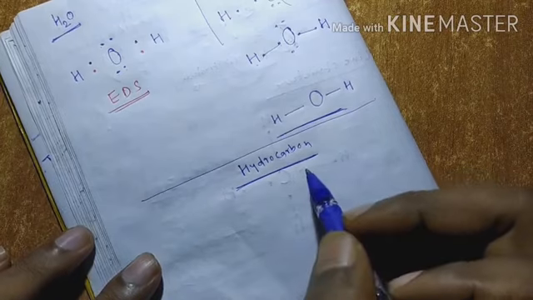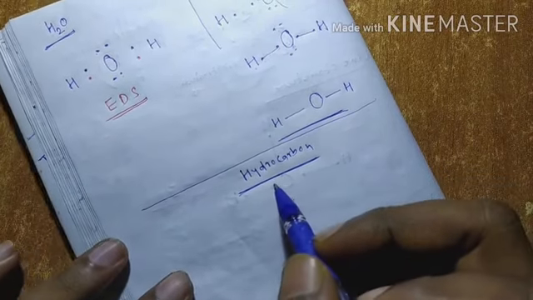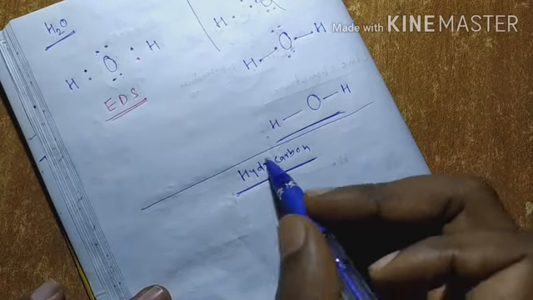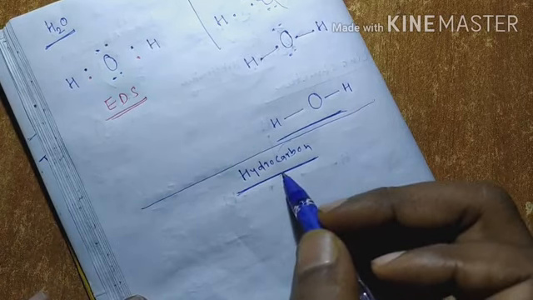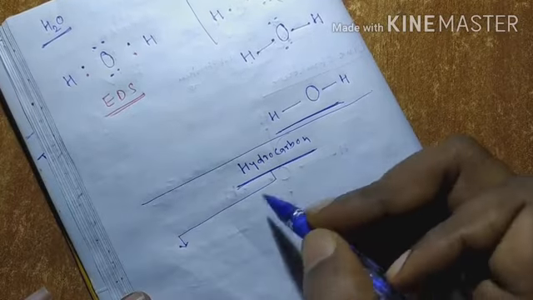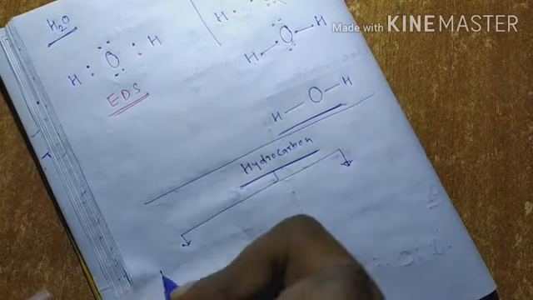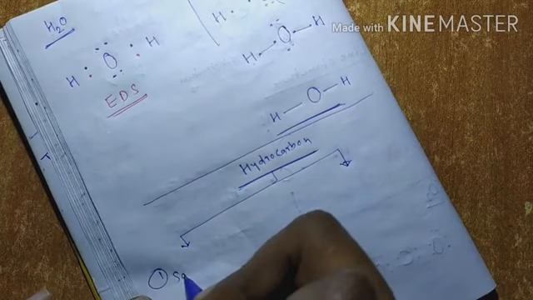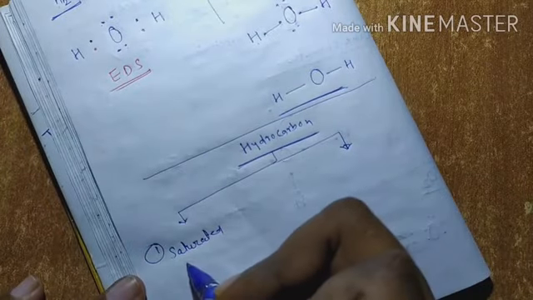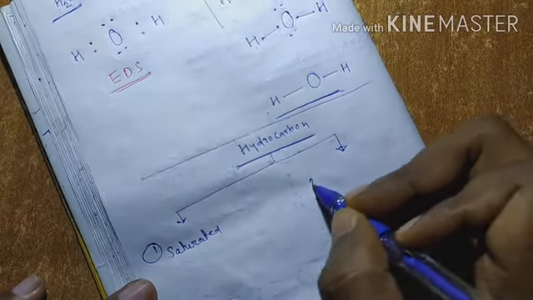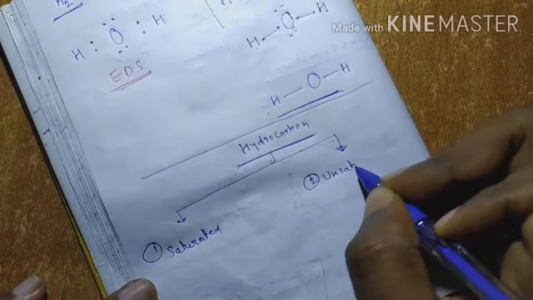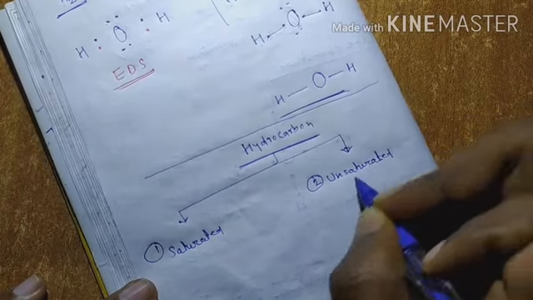Hydrocarbon. The next topic is hydrocarbon. It means those compounds which are made up of carbon and hydrogen are known as hydrocarbons. Hydrocarbon is divided into two parts. The first one is saturated hydrocarbon, and the second one is unsaturated hydrocarbon.